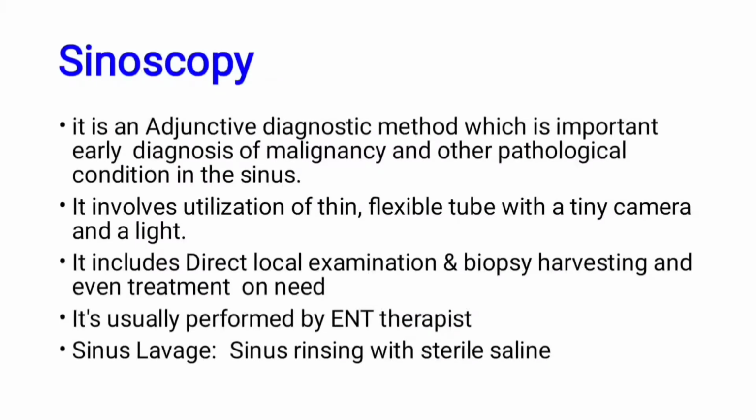It's important for diagnosis of early malignancy and any other pathological condition, and it usually involves a thin flexible tube with a very small camera and flashlight to allow direct visualization of the mucosal lining and any abnormalities, erosions, or polyps within the sinus, with the possibility of simultaneous harvesting of an incisional biopsy from this diseased lining.